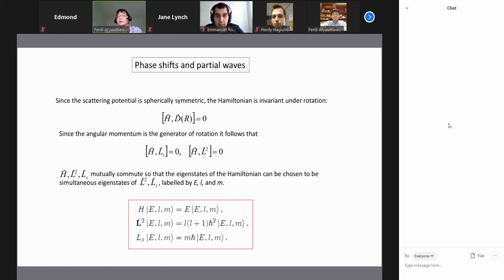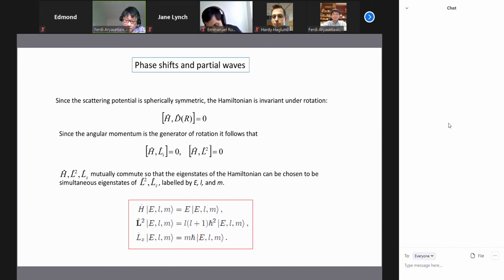But because the potential is spherically symmetric, the problem can be treated for each angular momentum. So we can analyze the scattering state in terms of angular momentum states. We'll see how it works out here.